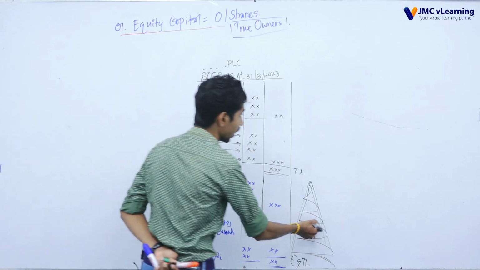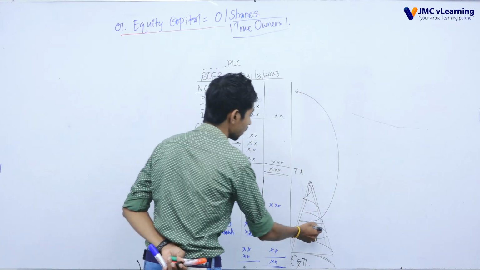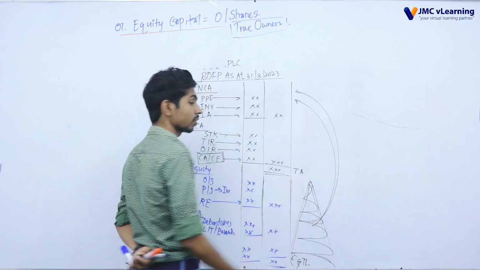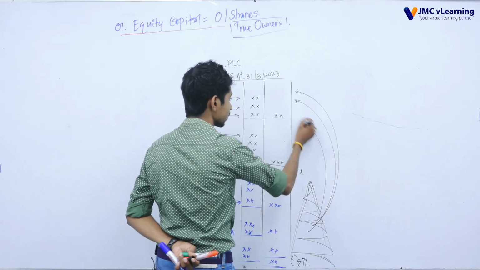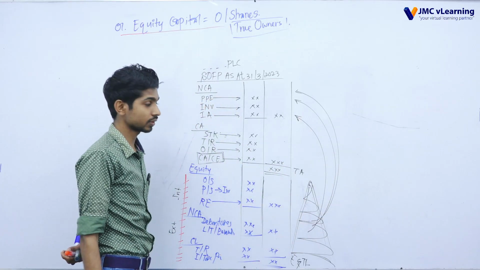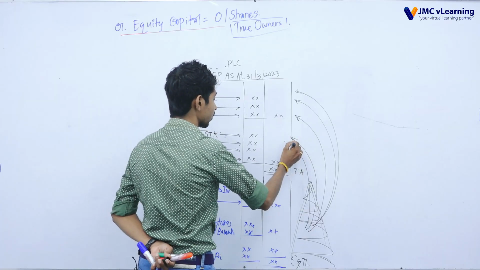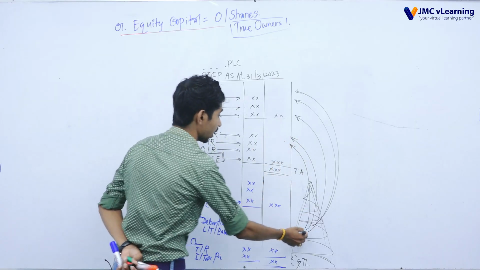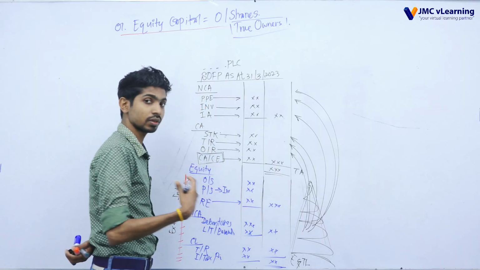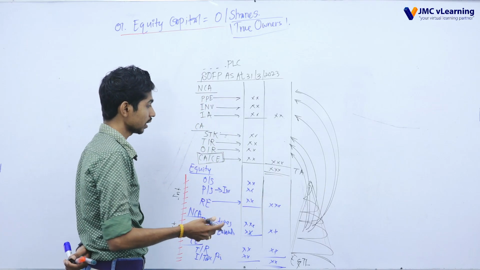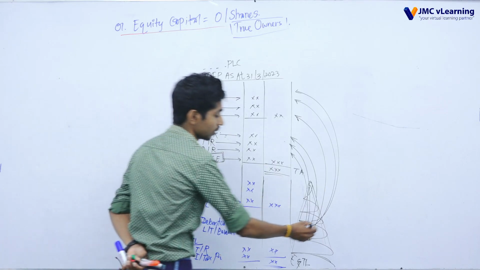Then I have to purchase land and building. I can invest somewhere else. I can acquire the intangible assets. I can purchase the stocks. Trade receivable means the credit sales. Other receivable, likewise, I can invest. Then these are the funds available.